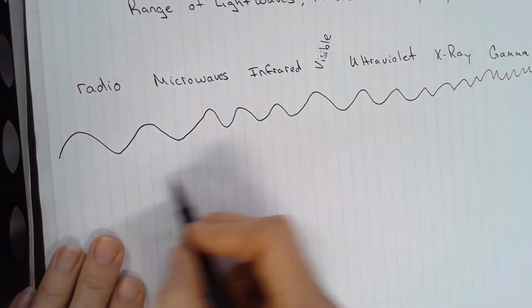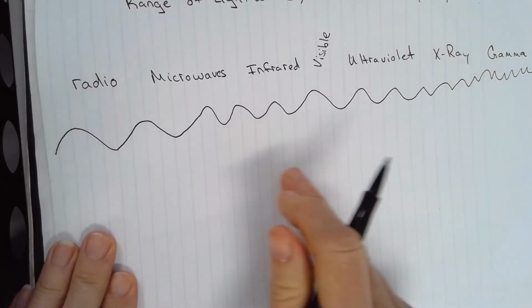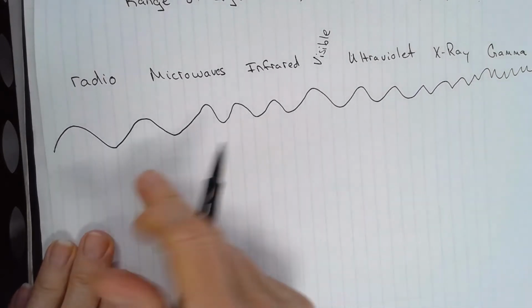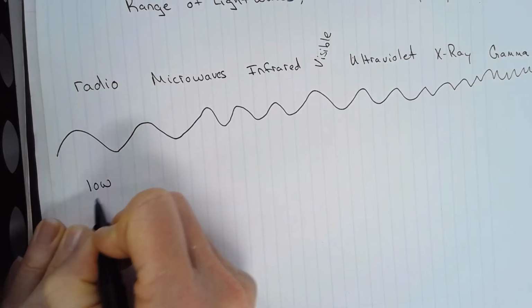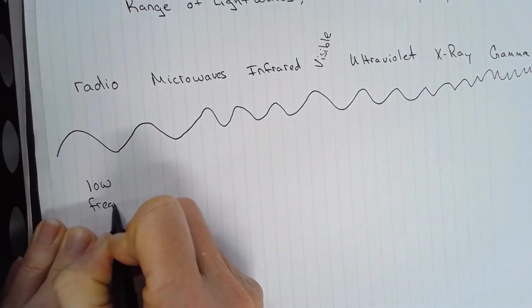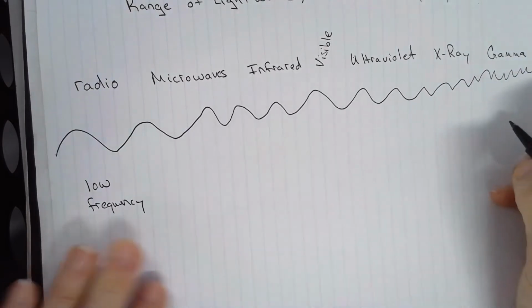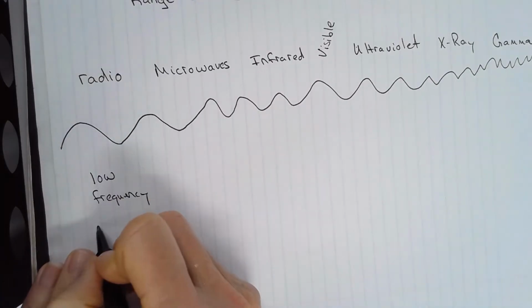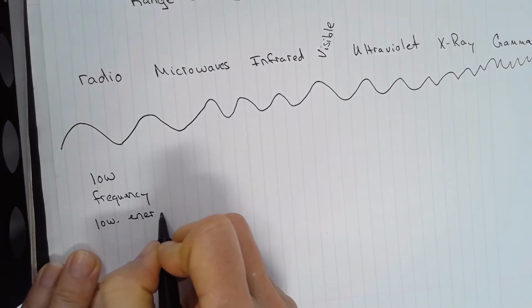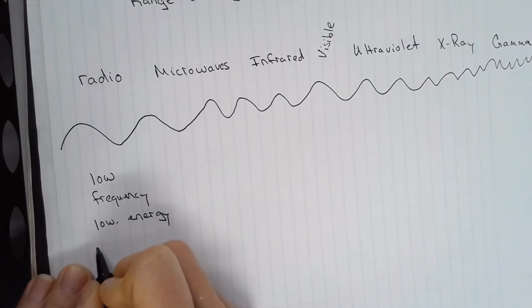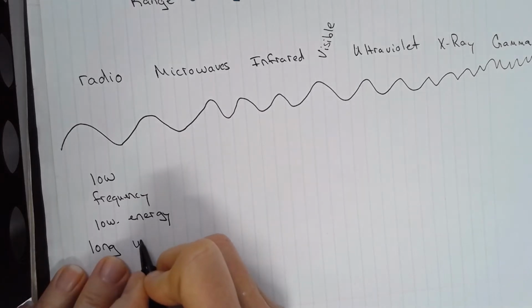So here, not an exact representation, I have a low frequency, and that low frequency means low energy, and I have a long wavelength.